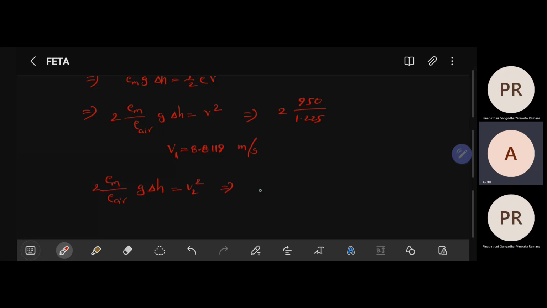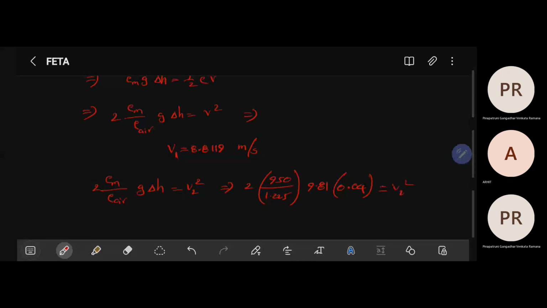V2, potential flow at 25 mm. Height is 25 mm. Sorry, the location is 25 mm, but delta H is 40 mm, right? Yes, sir. Delta H is 40 mm. You can use that.